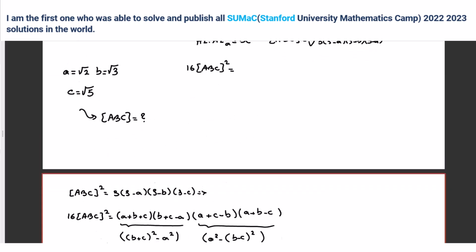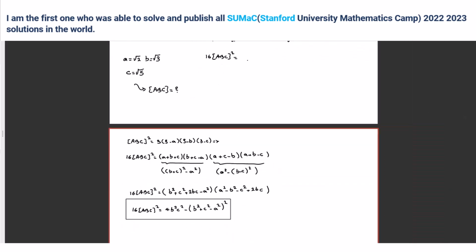For example, here we have root 2, root 3, root 5. Calculate the area. So the area is square root of 3 over 2. Yeah. Okay, let's check.